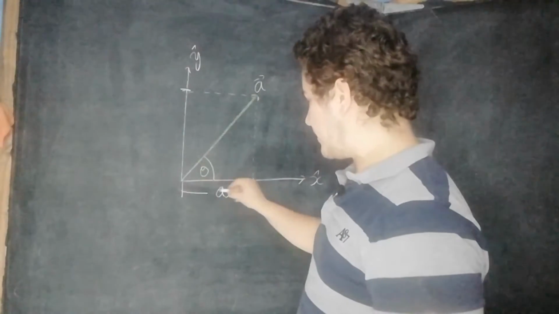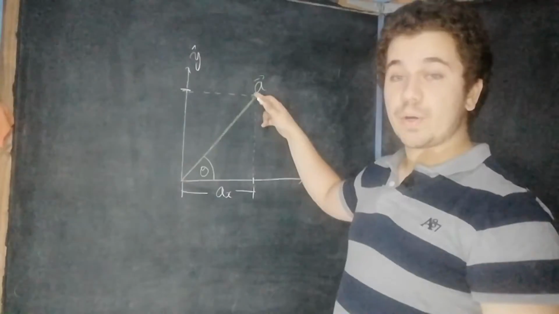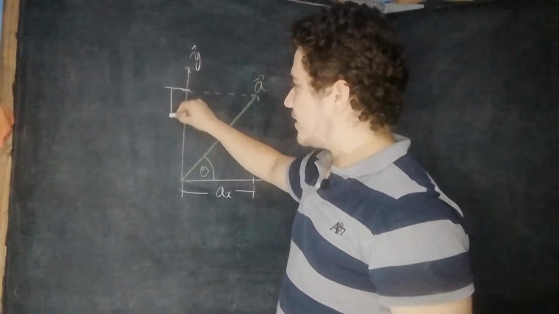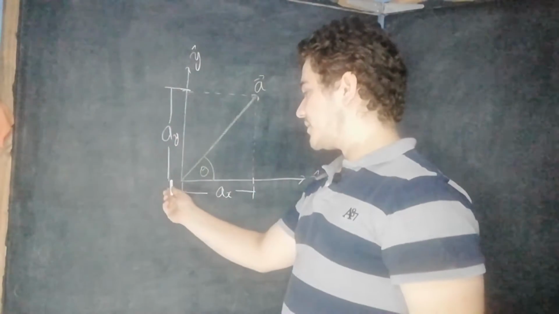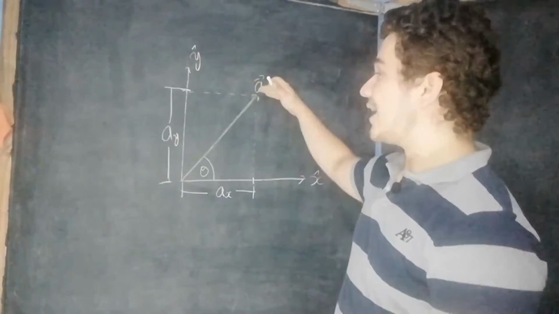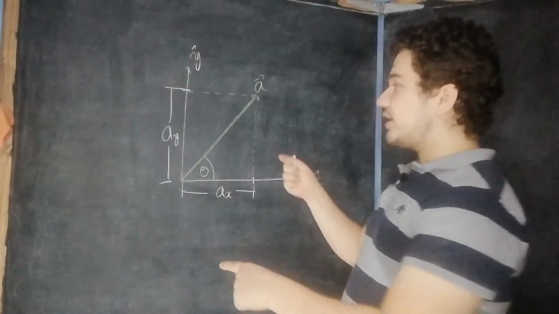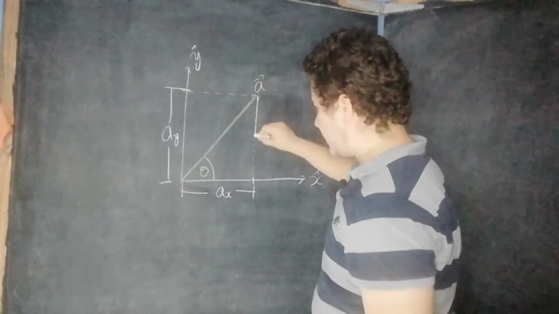The y component of the vector, A sub y, is from 0 to the shadow that the vector casts on the y-axis. If we move this length to here, we can draw it this way.